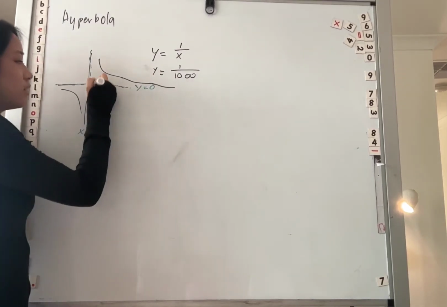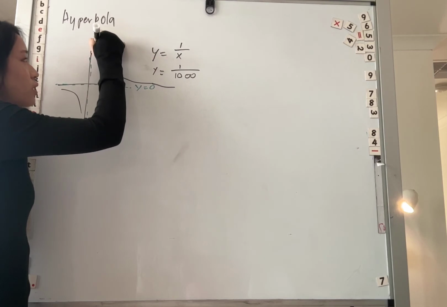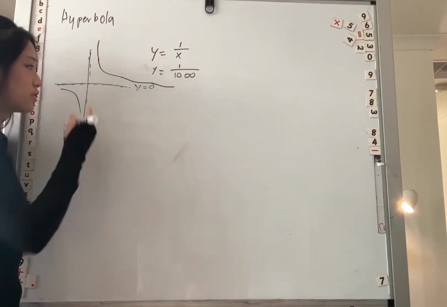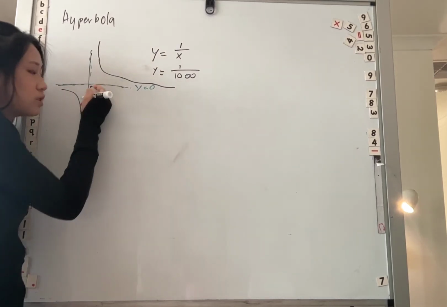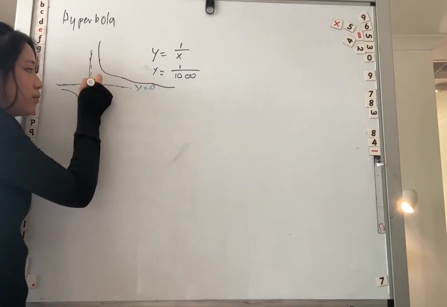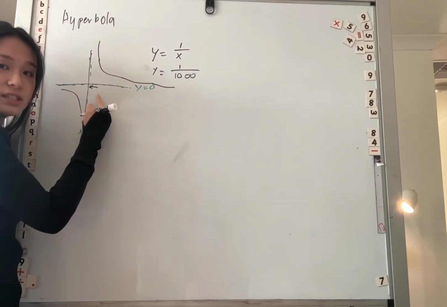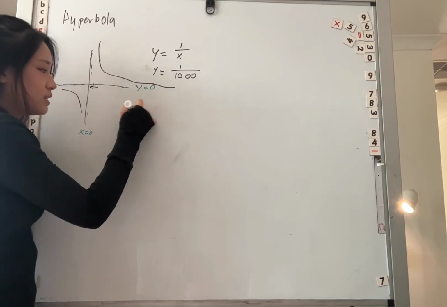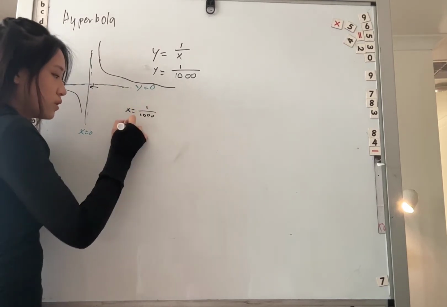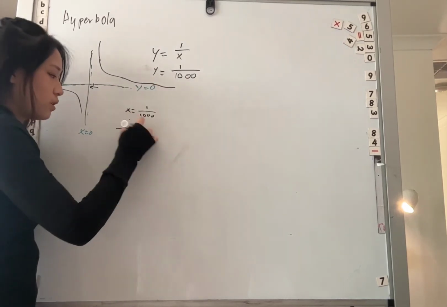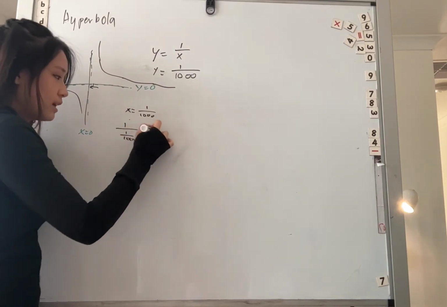And now if you think about it, where x is very, very close to 0, so over here, see how you're approaching 0? That's an arrow, by the way. Well, if I make x equal 1 over 1,000, what you're subbing into here, you get 1 over 1 over 1,000. That turns into 1,000.